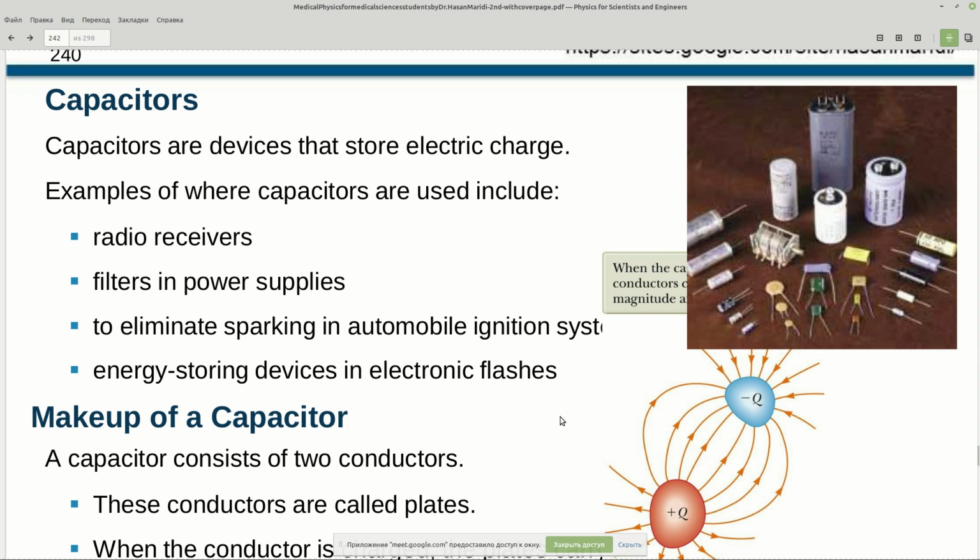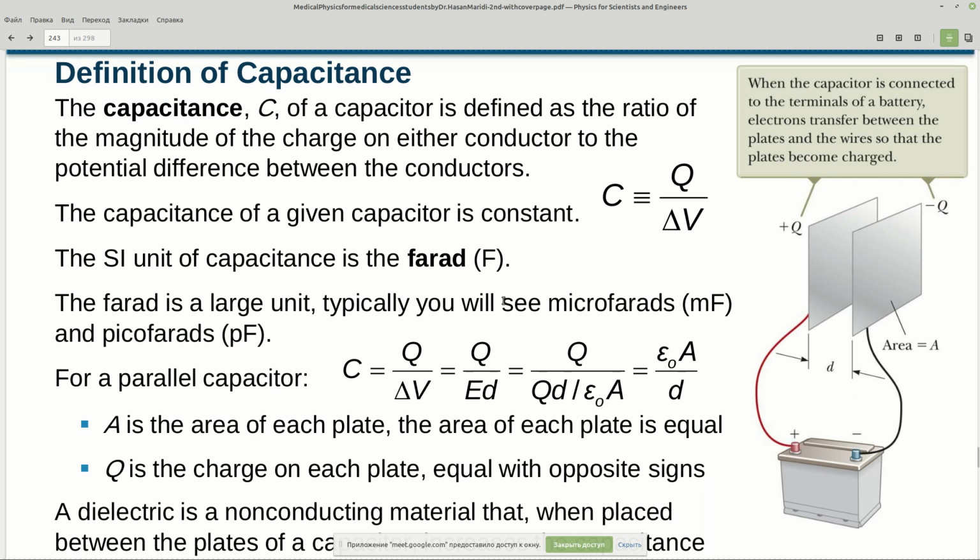Examples of capacitors, different types of live capacitors, about myelinated and non-myelinated axon. Tables of dielectric constants and dielectric strengths, which I talked about previously, and we need to go to electric current.